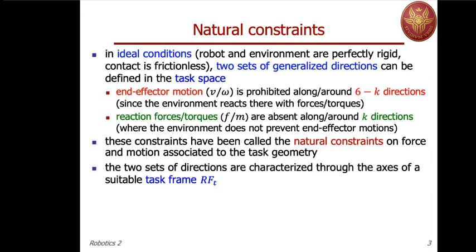There will be no balance between the forces that we are trying to apply in those directions and the reaction of the environment by the principle of action and reaction.